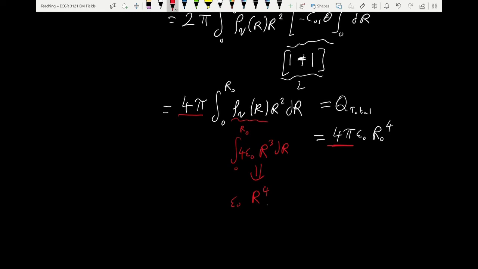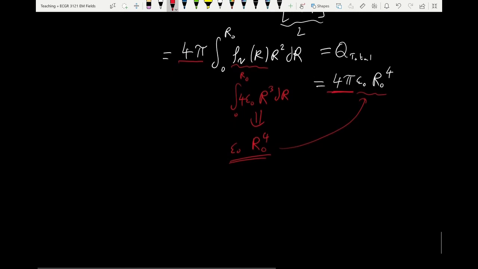Okay, so notice if I assume that rho v equals epsilon naught r, when I integrate it, I get this term instead of the integral that equals, of course, r naught here, that equals this part here. So the way to guarantee that the right-hand side equals the left-hand side is to assume that rho v equals epsilon naught r.